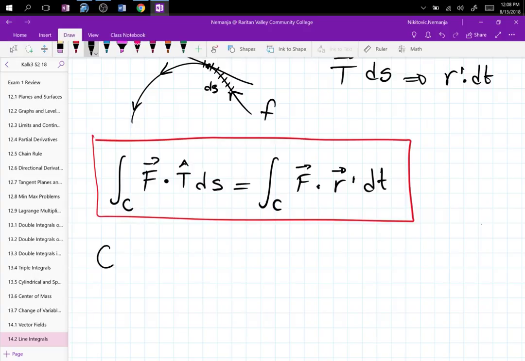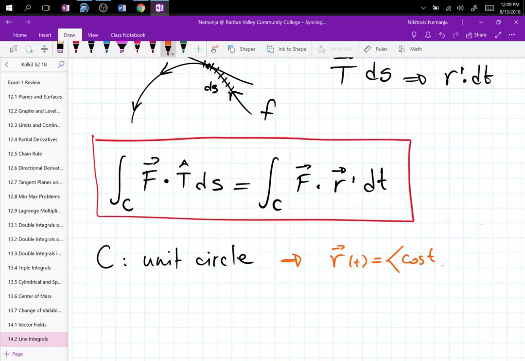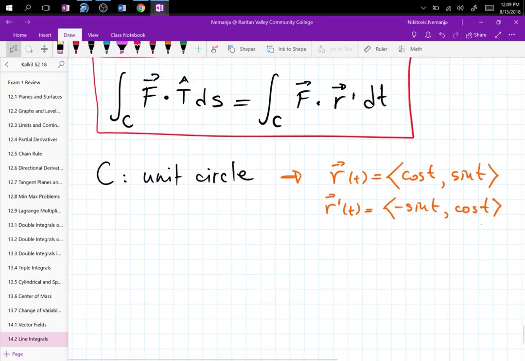So C is the unit circle, meaning when I do parametrization, my vector r of t is cosine t, sine t. The radius is 1 because it's a unit circle. From there I can immediately get r prime, which I will need, as negative sine t, cosine t. So that's the parametrization.